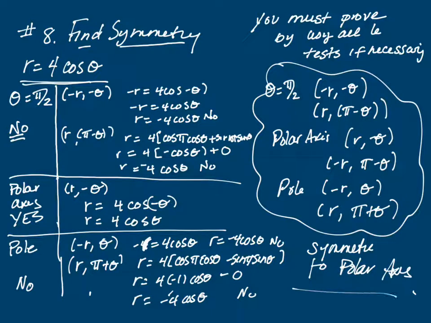Okay, let's go on to number 9. Number 9 asks the same thing, only gives you r equals 6 cosine 2 theta. Now this 2 theta changes things, so be careful and do this carefully. So the first thing I'm going to do is theta equals pi over 2.